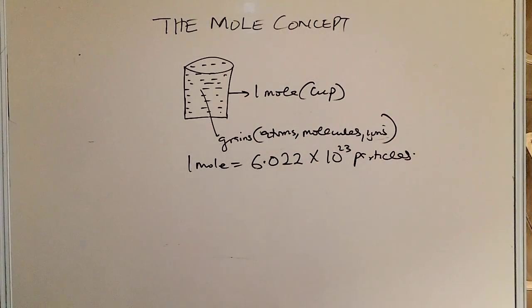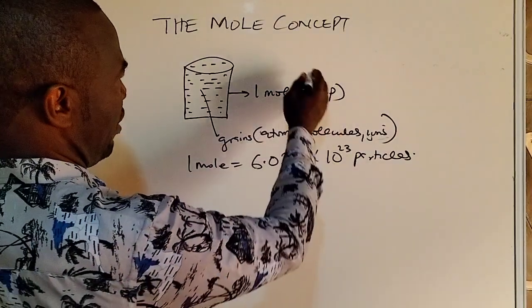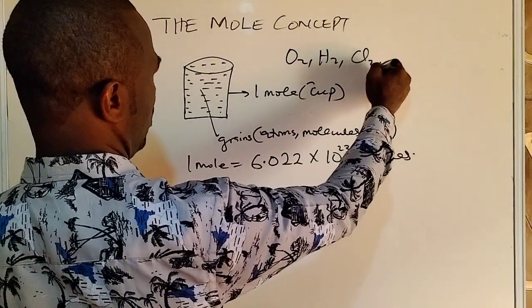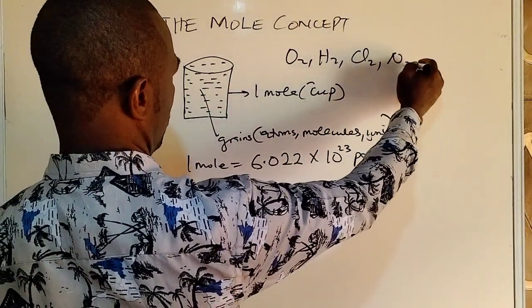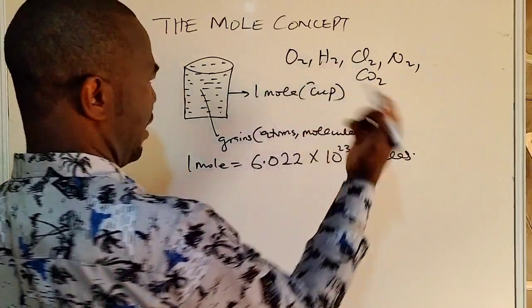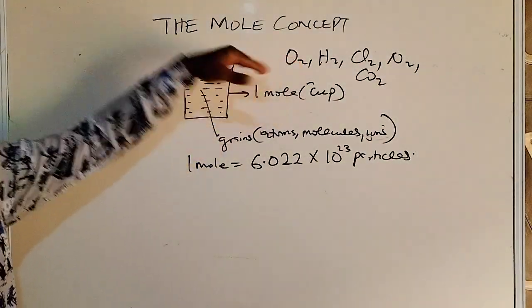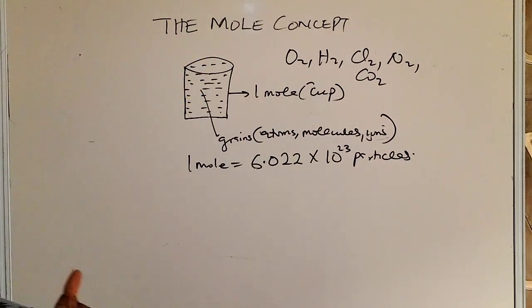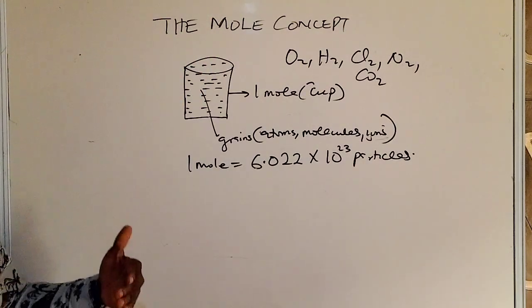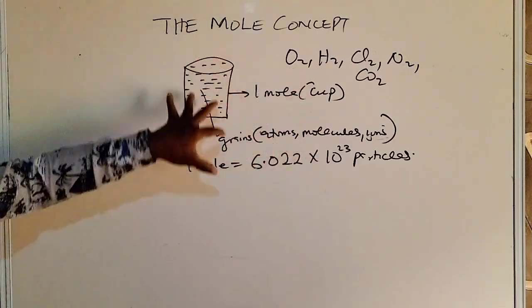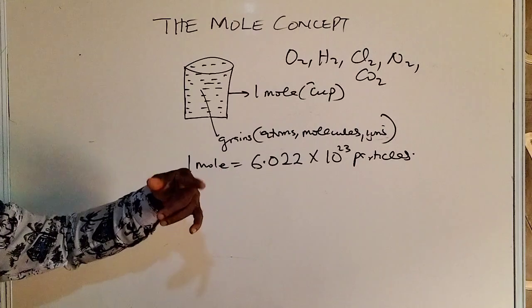Okay? Then, if we're talking about gases, because gases exist as molecules, a gas like oxygen, hydrogen, chlorine, nitrogen, CO2. These are gases. If this cup is filled with any of these gases, the question is: how many particles of these gases will fill this up for us to have 1 mole?